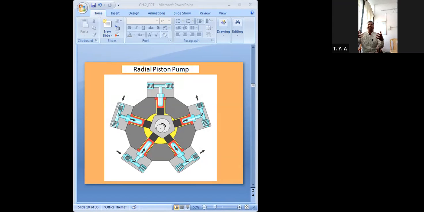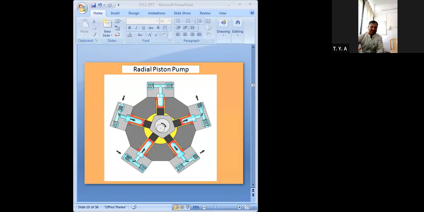All these radial pistons are placed in a cylinder block. You can see the cylinder block, and all the pistons will revolve around this stationary eccentric cam, which is placed here.